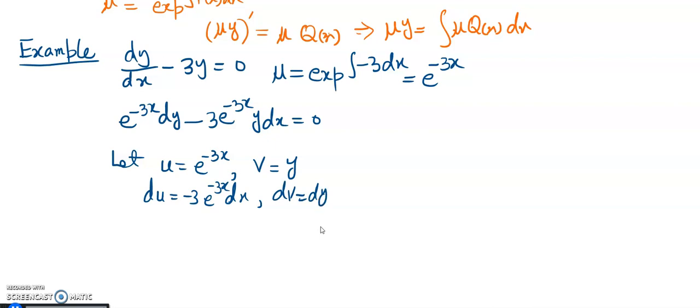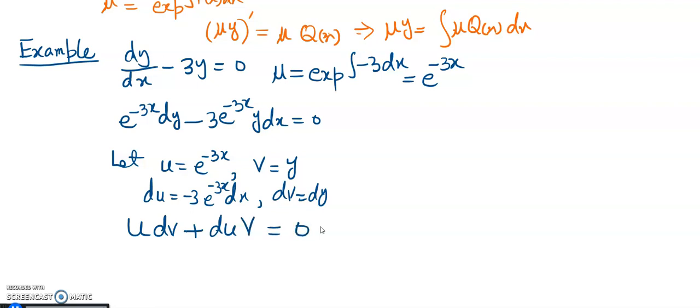Substitute these values: e to the power minus 3x is u, dy is dv, and minus 3 e to the power minus 3x dx is du. So it will be u dv plus v du equal to 0.